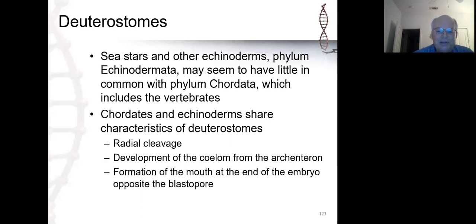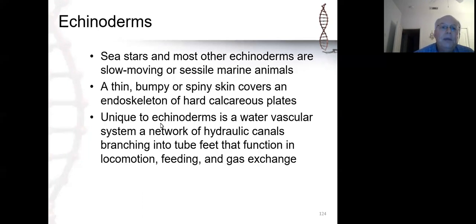The blastopore becomes the anus in the primitive digestive tract and identifies where the anus will be in the mature adult. So those are characteristics that both chordates and echinoderms share as a consequence of being deuterostomes.